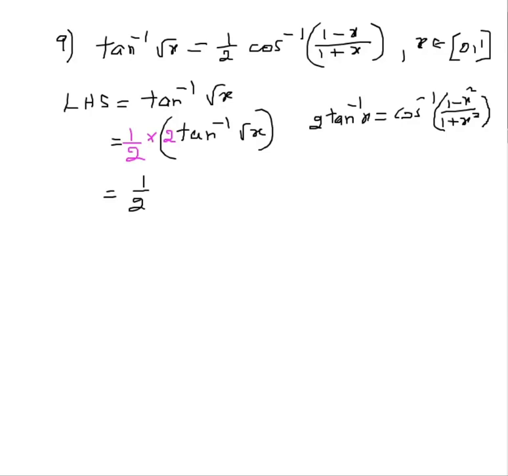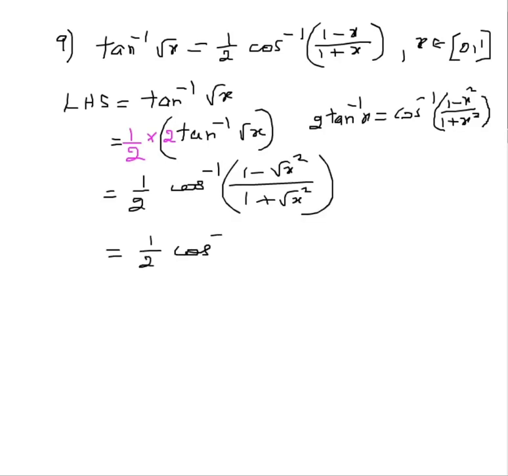It becomes cos inverse of 1 minus root x square by 1 plus root x square, 1 minus x by 1 plus x, which is the right hand side. Or you may take the right hand side and prove the left hand side also.